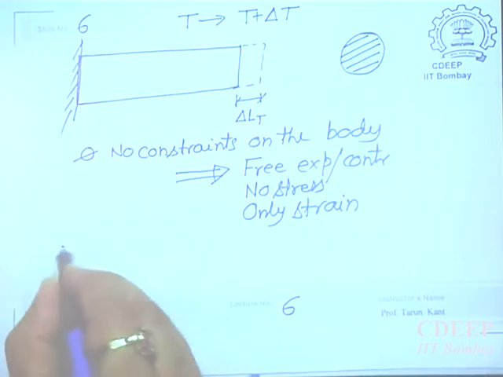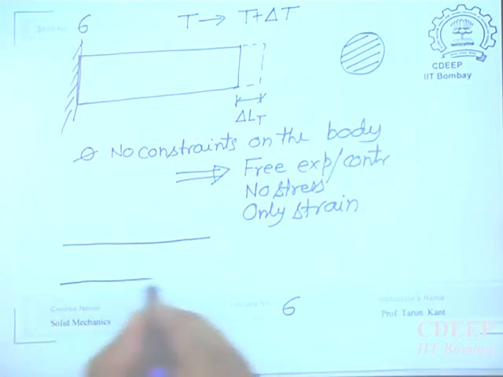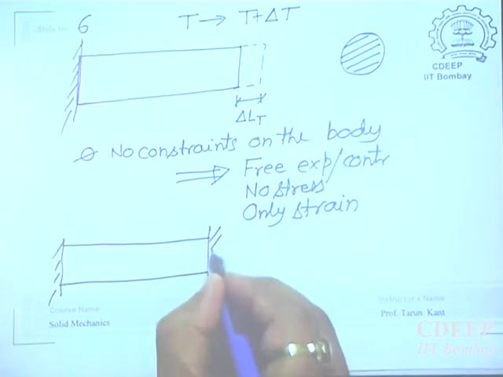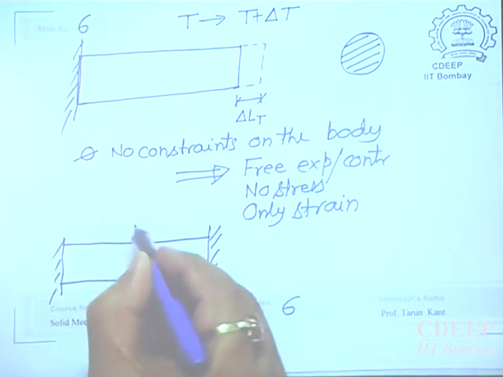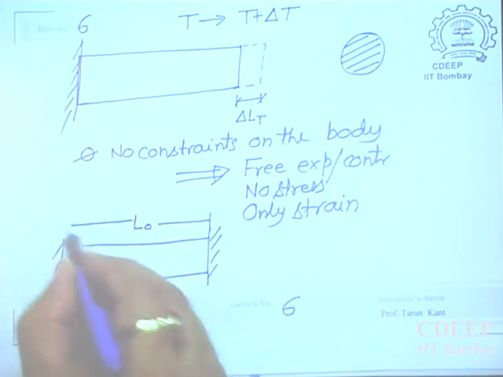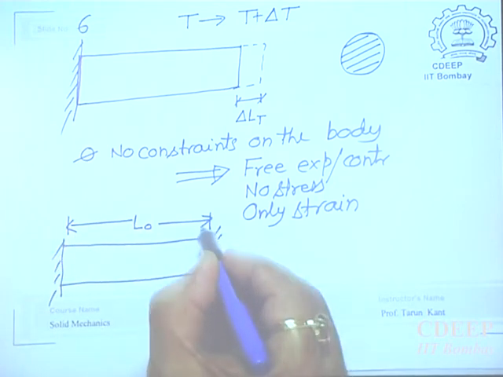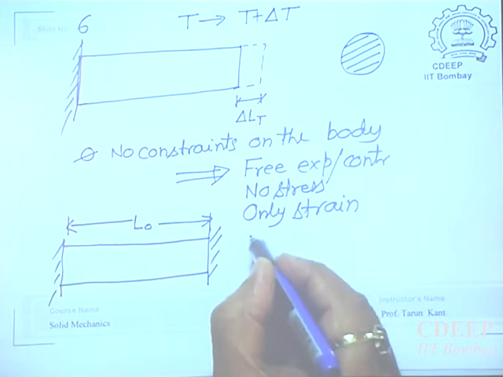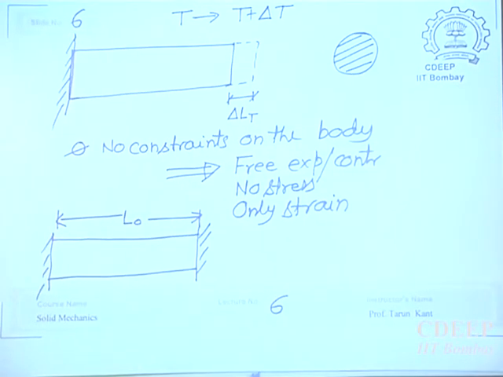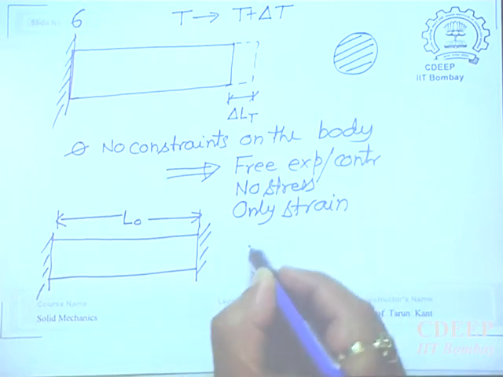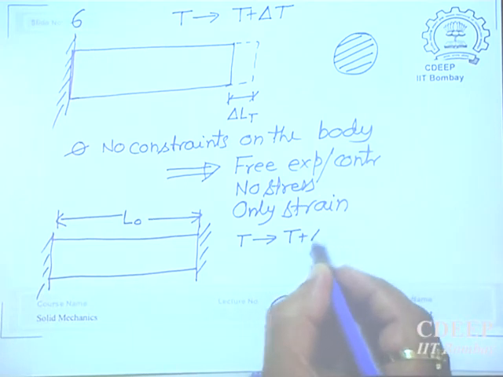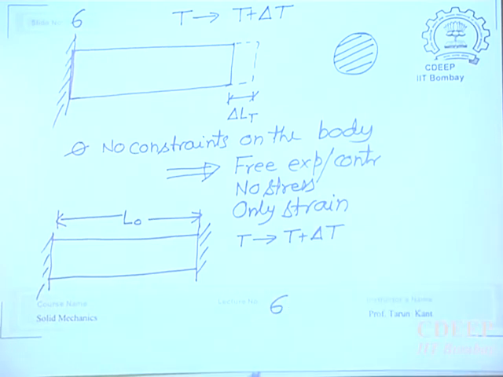But then I have a situation when this same rod I have clamped. The original length is L naught. It is a rod of some cross section, area of cross section, length L naught, and temperature has gone from T to T plus delta T. So what will happen?